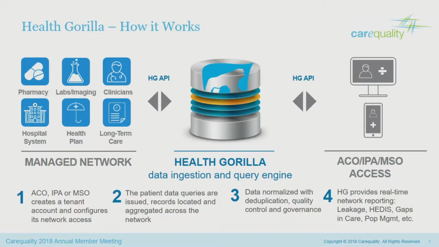So various APIs are used to retrieve this data: FHIR, HL7, proprietary APIs. Then this data is aggregated on the platform. Before it is stored, we clean it, deduplicate, and normalize so that it is readily available for use.